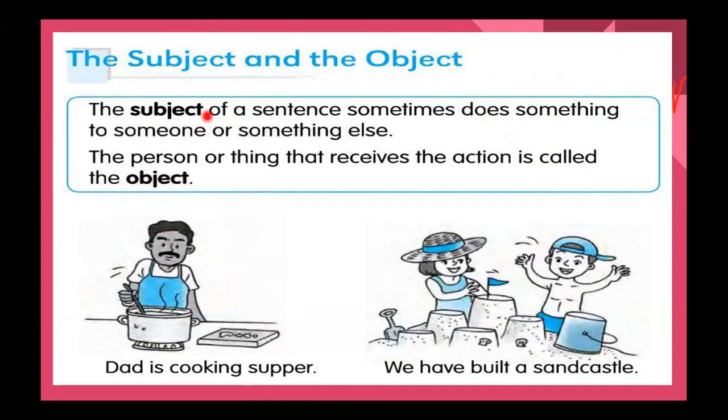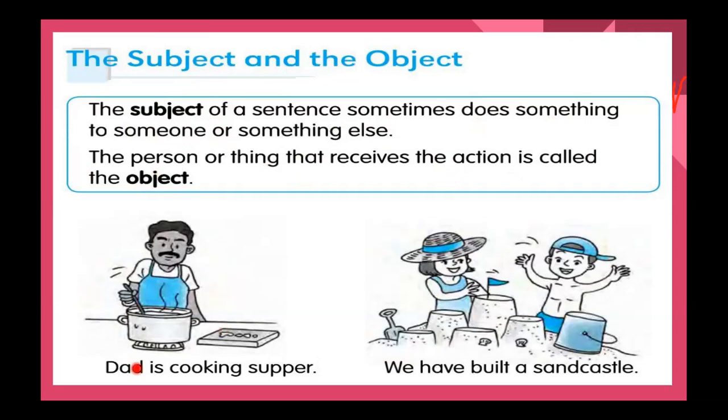Let's go to this definition. The subject of a sentence sometimes does something to someone or something else. The person or the thing that receives the action is called the object. So that's the definition, the meaning of the subject and the object.